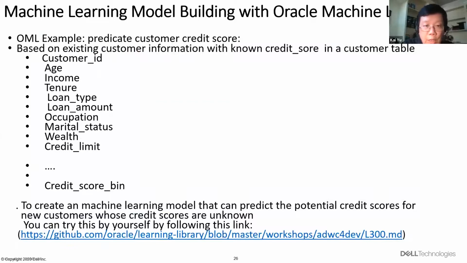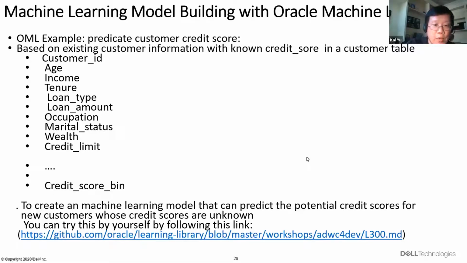This example is to predict the customer credit score. They actually build two models: customer credit score and also customer spending. So they are going to predict, for a particular customer, what the credit score is, or for a particular customer how much buying power they have.